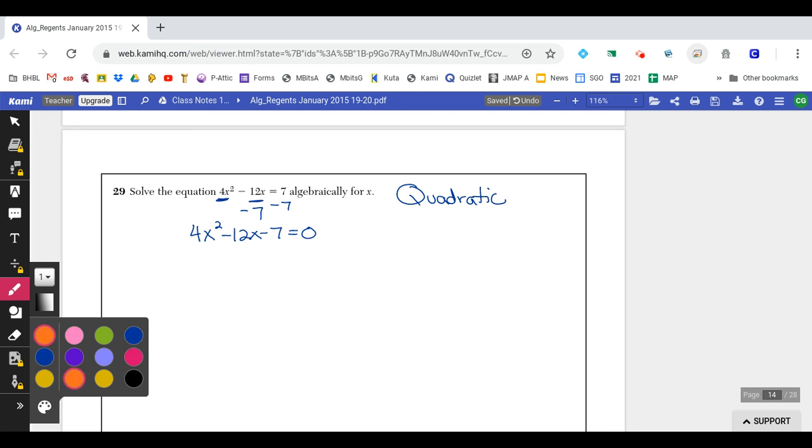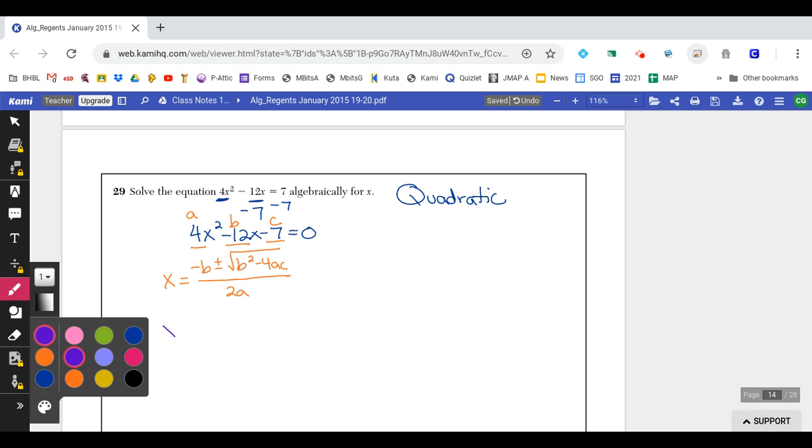Now, for most of you, factoring this might be difficult. So we're going to use our quadratic formula. x equals negative b plus or minus square root b squared minus 4ac all over 2a. So our a being 4, our b negative 12, and our c negative 7.